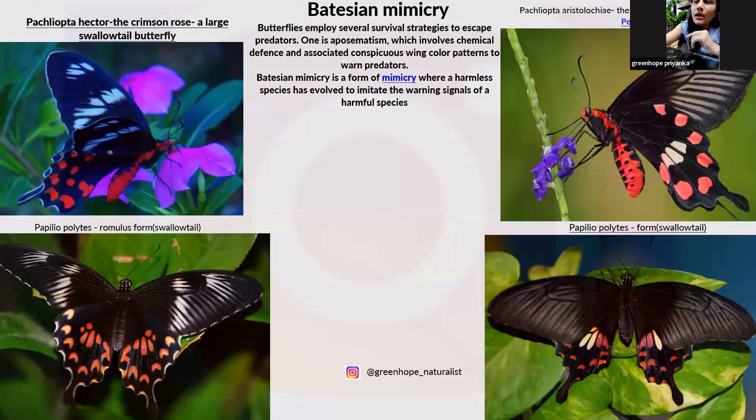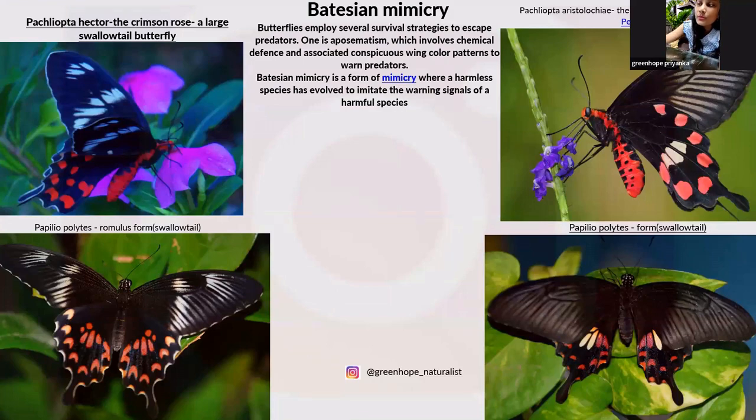One common Mormon looks like a crimson rose, with the red color on the bottom hind wing, and on top the forewing also has white streaks. In the same way, the other common Mormon mimics the common rose. The only difference is that the body is black. The poisonous butterflies, crimson rose and common rose, have a red body, and the common Mormon body is black. So this is also one kind of mimicry.